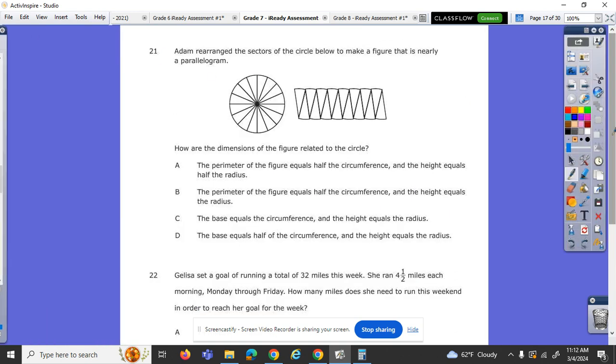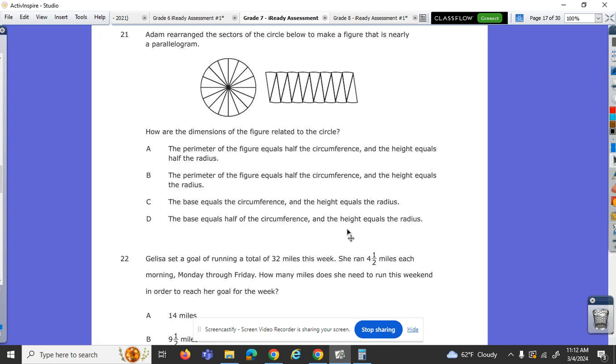All right, question 21 is kind of an odd question, so I thought it might be good for us to talk about it. Question 21 is about the relationship between the circumference and the radius. It says Adam rearranged the sectors of the circle below to make a figure that is nearly a parallelogram.